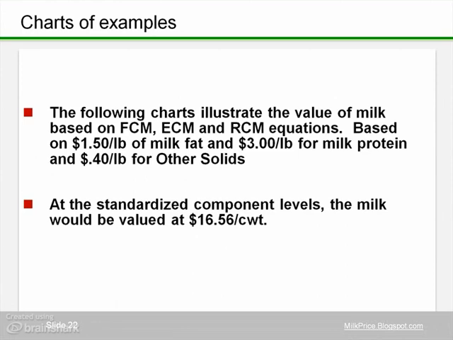At these component prices and the standardized component levels, this milk would be valued at $16.56 per hundredweight. To more fully appreciate the differences between these forms of corrected milk, the next 4 slides will show the comparative differences between these tools. The charts will show the increased financial value of the milk using each of the corrected formulas.